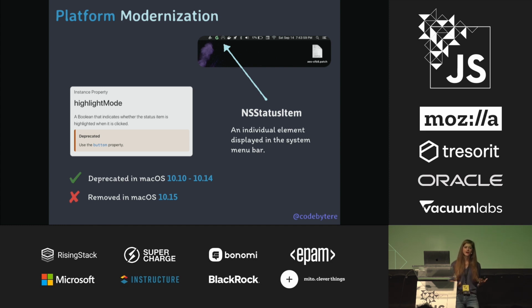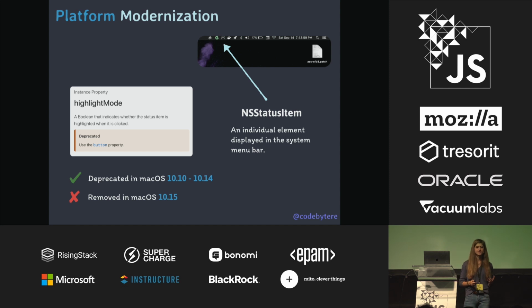Then, in macOS 10.10, they introduced a new instance property, the button property, which also allows you to customize the appearance and behavior of the items. At the same time, they deprecated the previous instance properties. And then finally, in macOS 10.15 Catalina, these deprecated instance properties finally ceased to work.